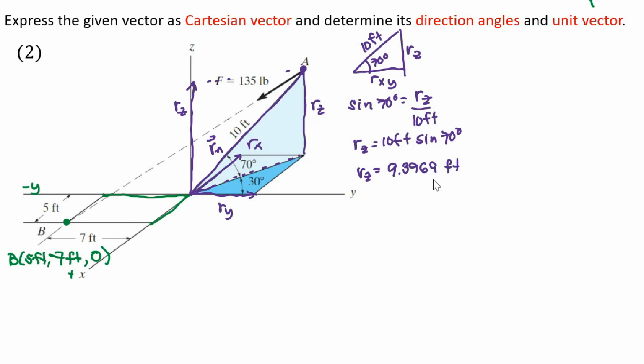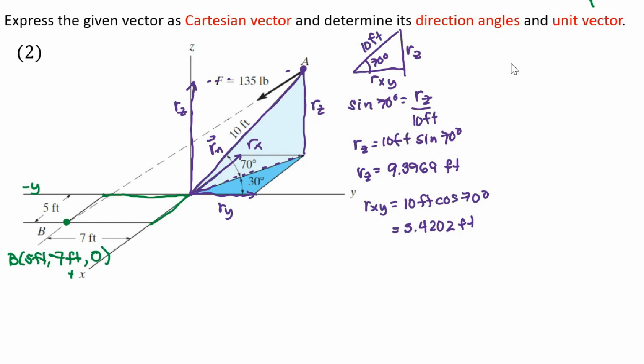We will keep 4 decimals since this is not yet the final answer. And for Rxy, since Rxy is the adjacent of 70 degrees, we will have 10 feet times cosine 70 degrees. And the answer of that is 3.4202 feet. Okay, so we have Rz now and Rxy.